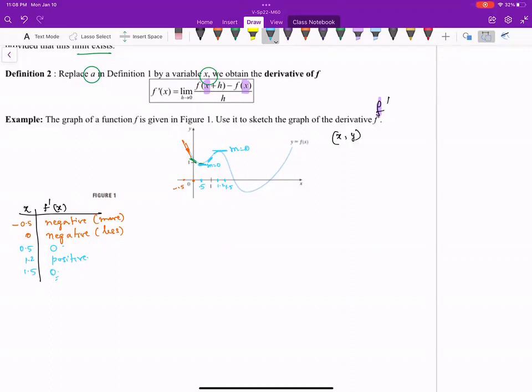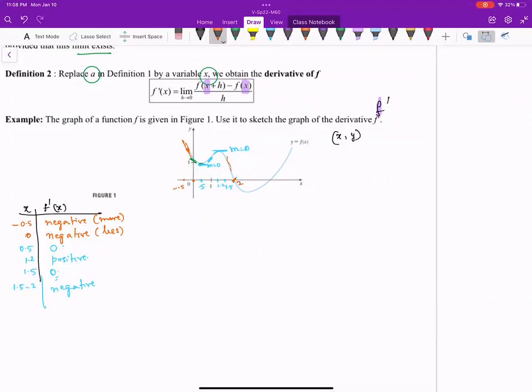Then beyond 1.5, for example between 1.5 and 2, all the slopes are negative. Consider this point to be 2. So all these slopes here are negative between 1.5 and 2.